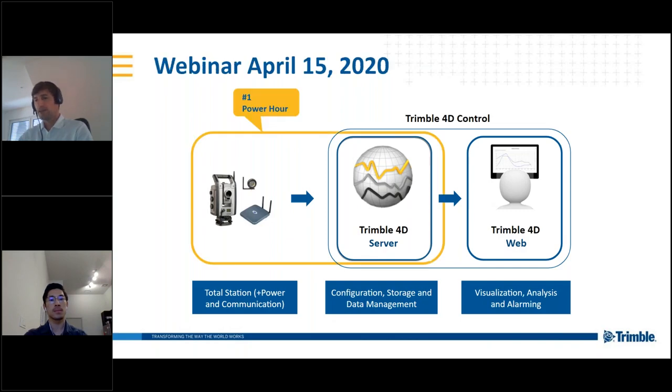During the last webinar, Eric and I explained and demonstrated how you can connect a total station to T4D. For that purpose, we recommended using the Setup M1. The Setup M1 is this gray device next to the total station on this slide. The M1 is designed to work with Trimble 4D Control.